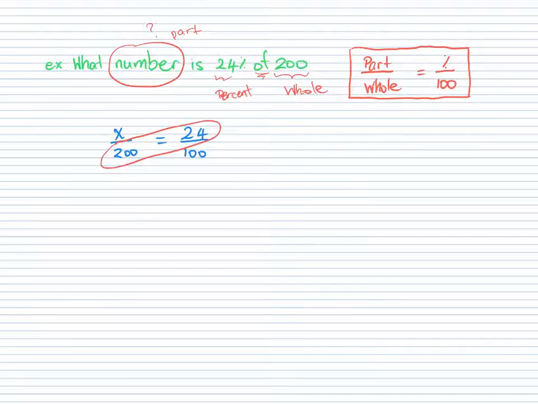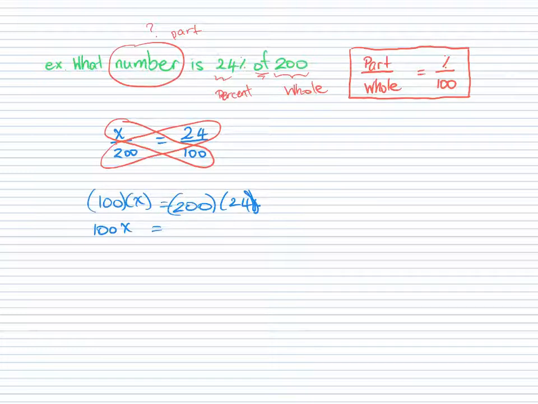On the left side we have 100 times x, and on the right side, we have 200 times 24. When we multiply 100 times x, we get 100x, and when we multiply 24 by 200, we get 4,800.